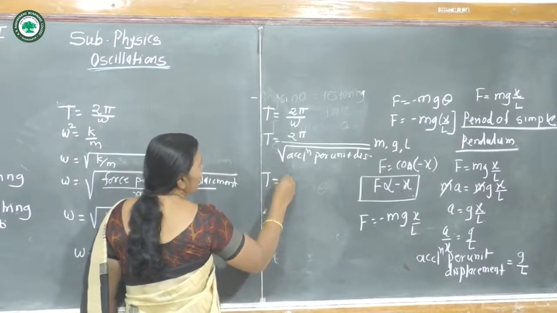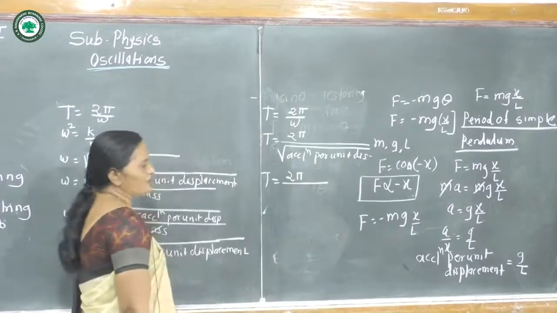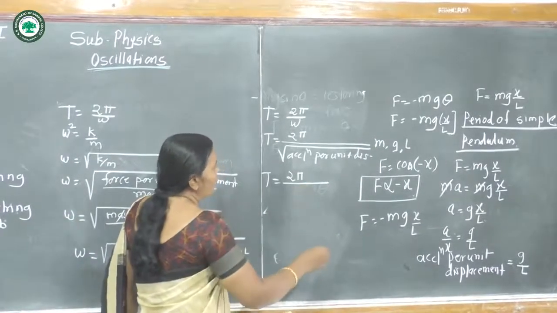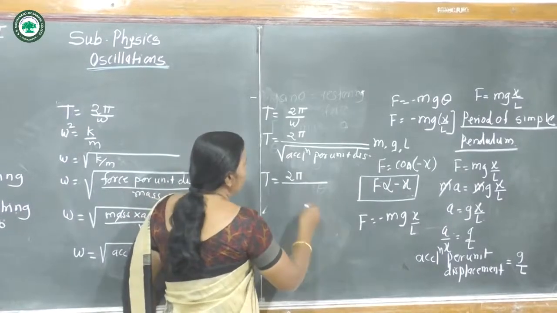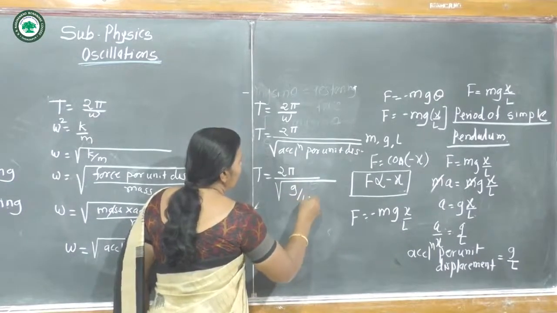That is, T is equal to 2 pi upon the square root of acceleration per unit displacement, which is g upon L, that is, the square root of g upon L.